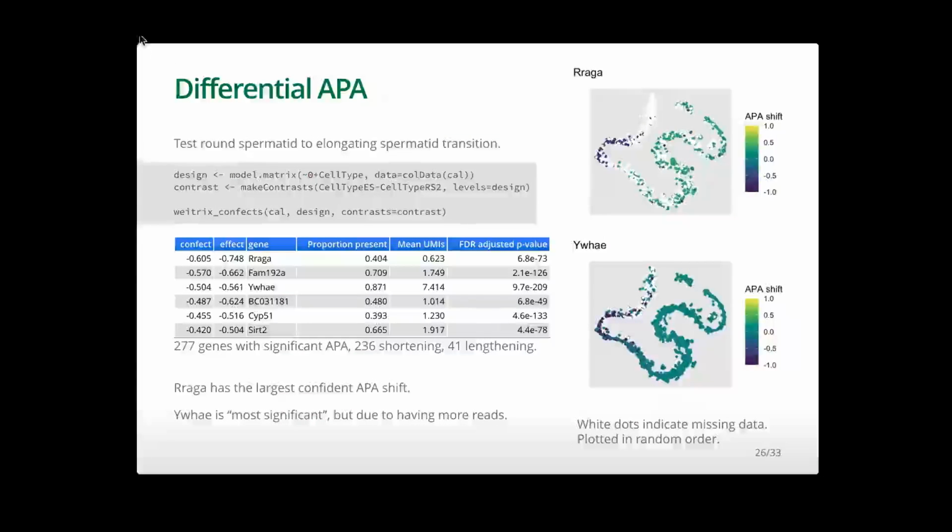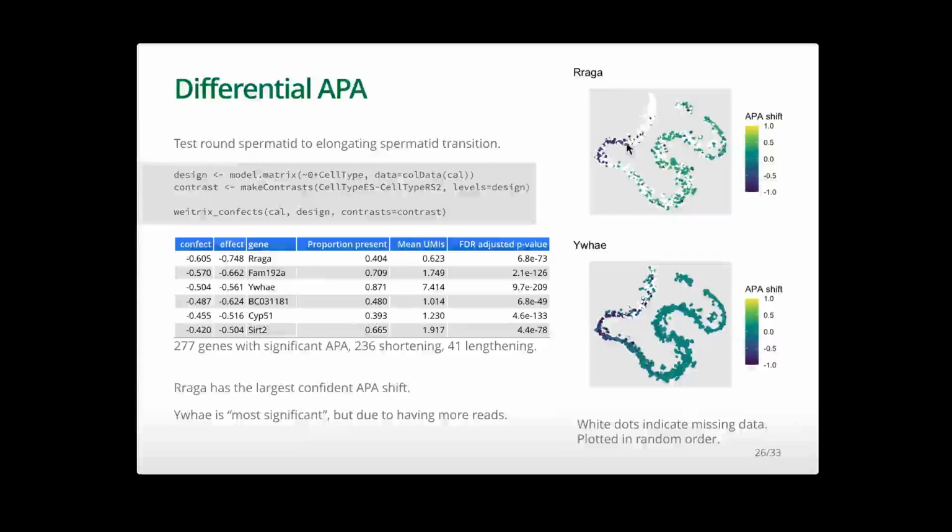Okay, and we saw this already with tail lengths, but you can do all the sort of stuff we were doing with tail lengths. It finds a bunch of interesting genes. The main point I want to make here is that the top gene by effect size, or confident effect size, has actually a lot of missing data, lots of cells where we just didn't see that particular gene. But that's fine.